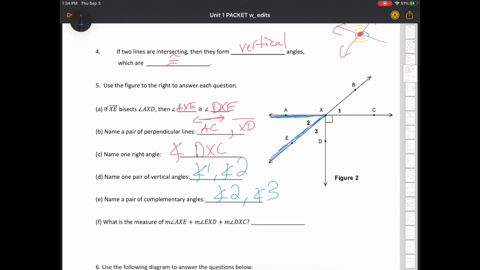Angle EXD, which would also be this angle, and angle DXC, which would be this angle. Not as confusing as we thought. We have a bunch of consecutive angles along a straight line. And a straight line, no matter how many angles you put on it, will always have a total of 180 degree measure. So it is 180 degrees.